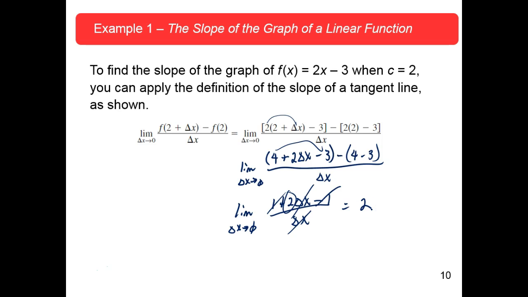Okay, you see it? Now, I think all of us looking at that linear function would say the slope is 2. It's 2 everywhere, not just at c equals 2.